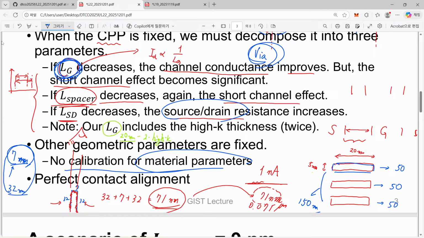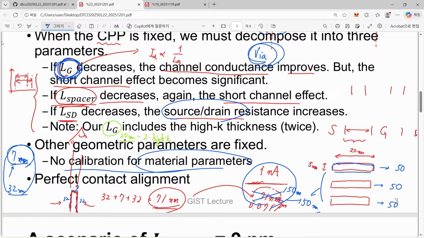However, when you report your current in this gate-all-around transistor, we do not typically use 150 nanometer as the normalizing effective width.